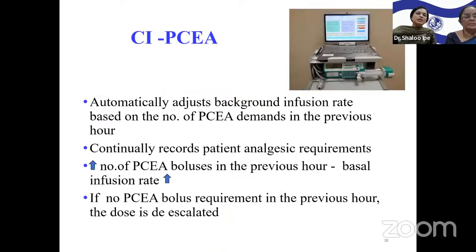Coming to computer integrated PCA pumps, it automatically adjusts background infusion rate based on the number of PCA demands in the previous hour. Continually, it records patient analgesic requirements. If there are an increased number of PCA boluses in the previous hour, the basal infusion rate is automatically increased by the computer. If there is no PCA bolus requirement in the previous hour, the dose is automatically de-escalated.